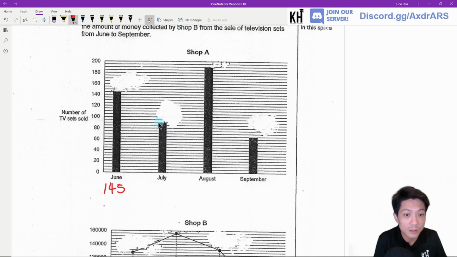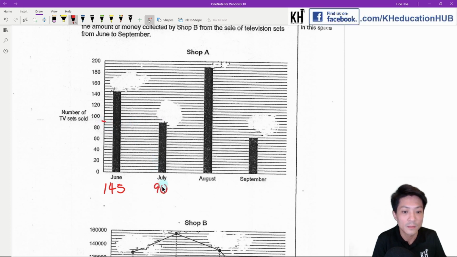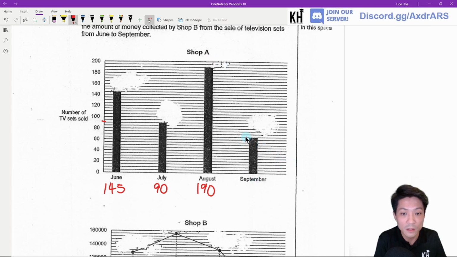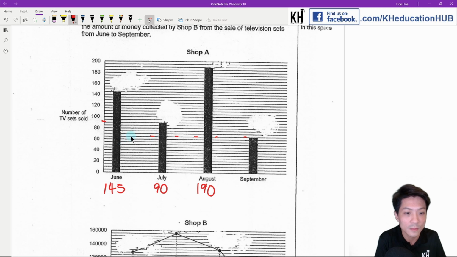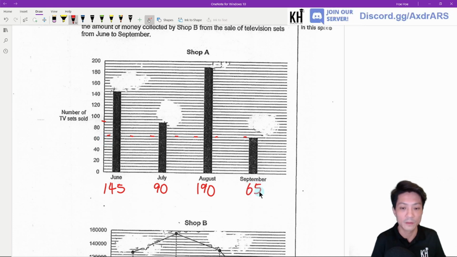July will be 90. August will be 190. September will be a bit far away. Let me try and draw the dotted lines. Okay, 65.